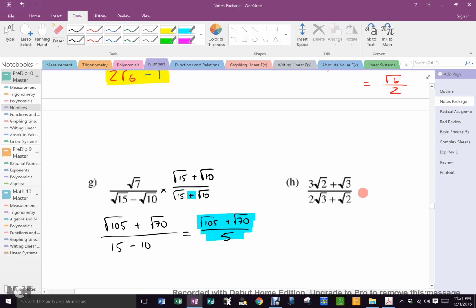And finally this guy, I got to multiply him by root 3 minus root 2, because we got to remember I got to use the conjugate, so the middle term drops out.